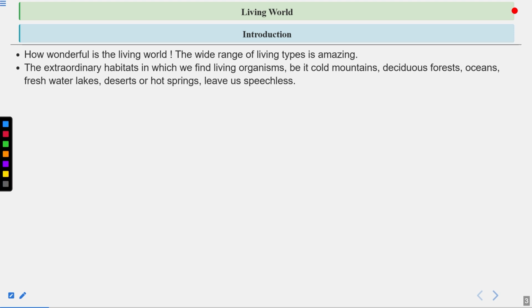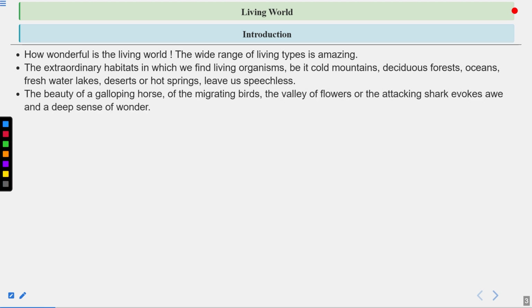Organisms living in extreme climates are known as extremophiles. In these hot springs the temperature is very high, and the organisms which live in hot springs are known as thermophiles. They have adaptations which help them to survive in the hot springs. So these are the different kinds of habitat where living organisms live.